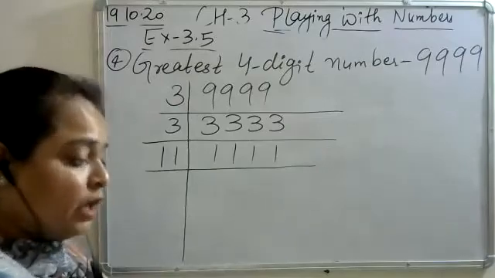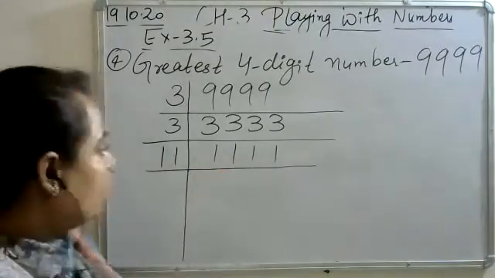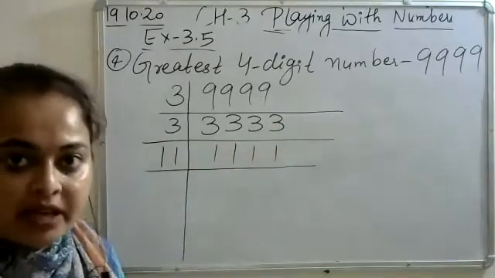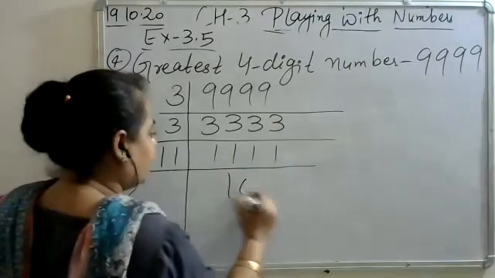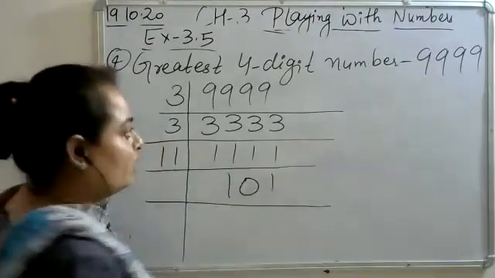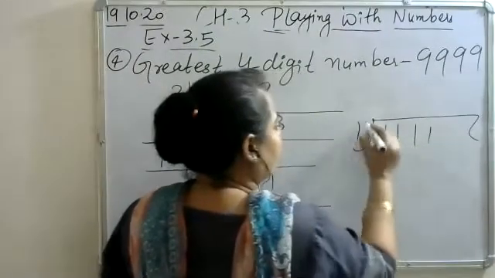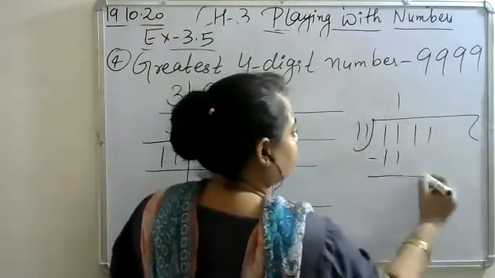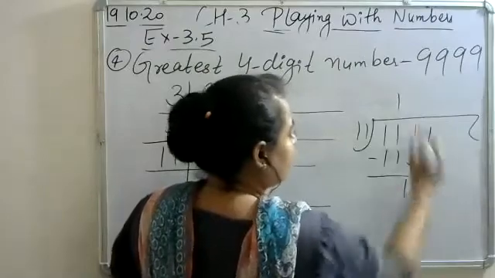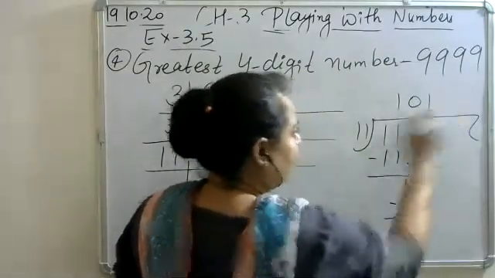Savya, you are writing no. Why no? This is divisible by 11. Divide this number by 11 and you will get 101. Look here. 11 ones are 11. Now 1, 0. Again 1. 101.